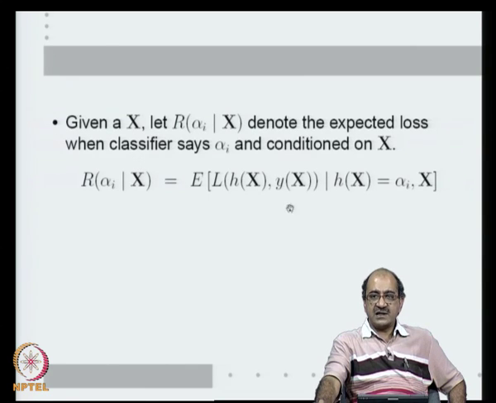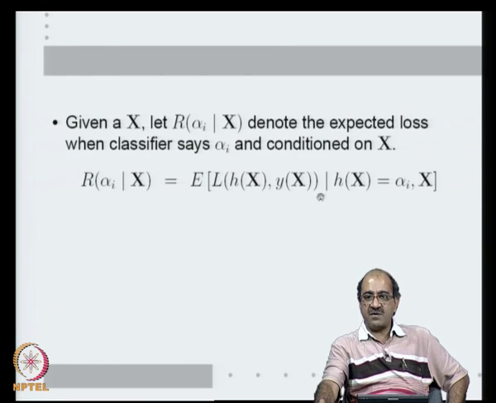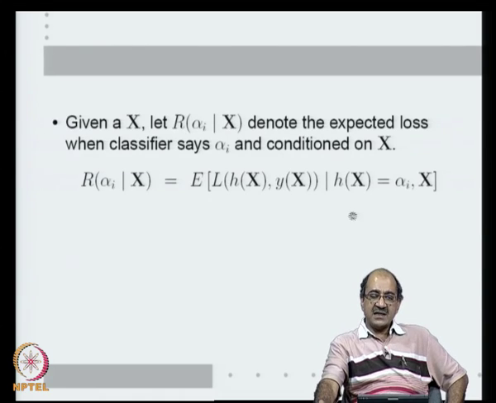R of alpha i given x is the expectation of the loss, that is L of h x comma y x, but it is not an unconditional expectation, it is a conditional expectation conditioned on h x equal to alpha i, that is classified as alpha i, and conditioned on the random variable x. So, R of alpha i given x is the expectation of L of h x comma y x conditioned on h x equal to alpha i and x. In a conditional expectation, if any of the conditioned random variables appear in the expectation, they can be replaced by whatever they are conditioned on.